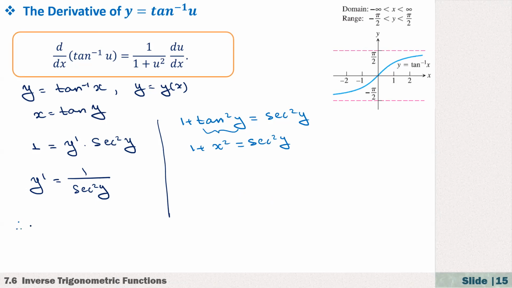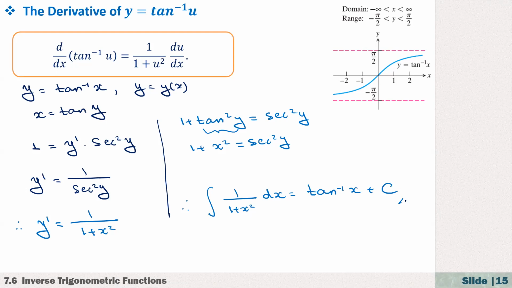So now if you simplify here, then y prime, the derivative of the inverse of tangent, is equal to 1 over 1 plus x squared. Okay, so now immediately from here you will see that if you want to integrate functions in this form, 1 over 1 plus x squared dx, that is simply tangent inverse of x plus c.